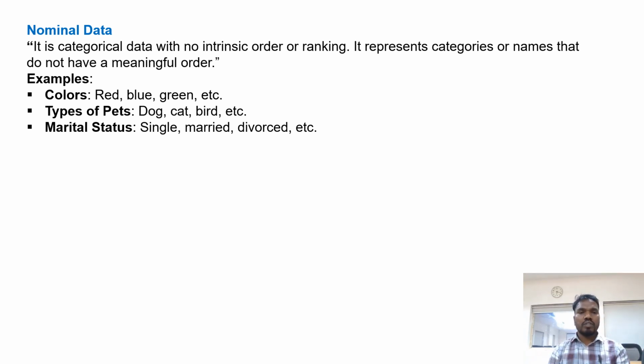For example, consider the colors red, blue, green, white, etc. There is no order, there is no intrinsic value for that. I cannot say that red is this. I will say only the color is red and blue and green. Similarly, the types of pets: dog, cat, bird, etc. Marital status: single, married, divorced, etc.